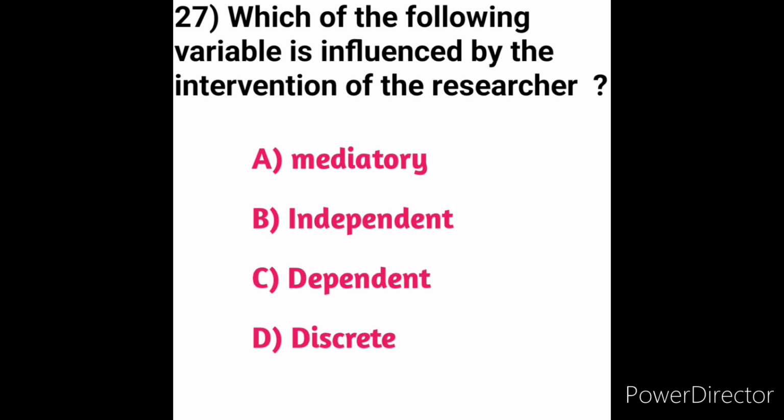The dependent variables are the measured behaviors of participants, and the dependent variable is the outcome of the manipulation. Here the variable influenced by the intervention of the researcher is option C, dependent variable, the correct answer. Next we will move on to question number 28.